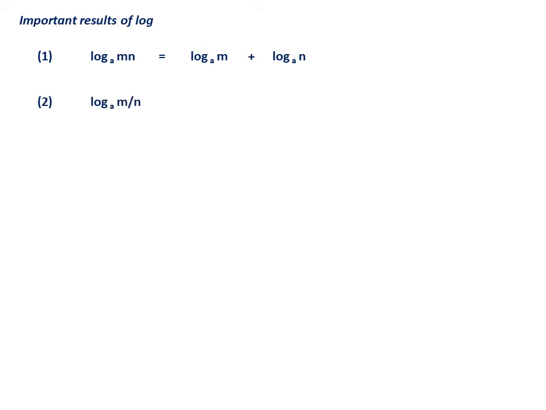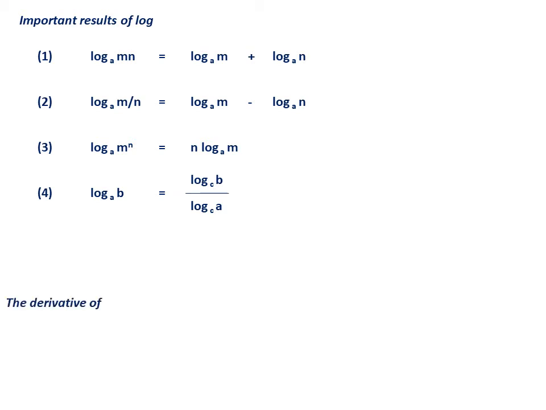Second, log of m by n to the base a equals log m to the base a minus log n to the base a, and log m to the power n to the base a equals n into log m to the base a, and log b to the base a is the same as log b to the base c divided by log a to the base c. That means you can introduce one more base, so this is the relationship.